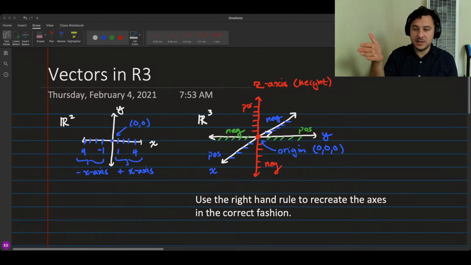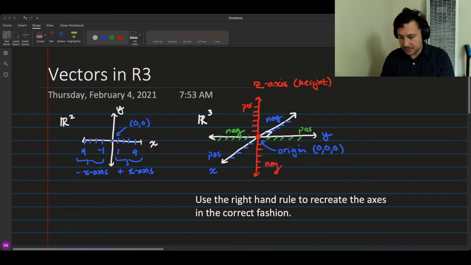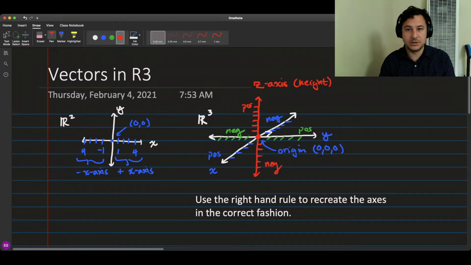So the way it works to use the right-hand rule is that your thumb always corresponds to the positive z-axis. So I'm going to draw a really horrible looking hand. There's a hand. So your thumb is the positive z-axis.